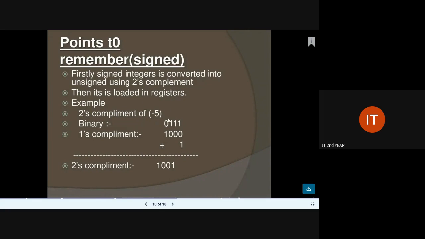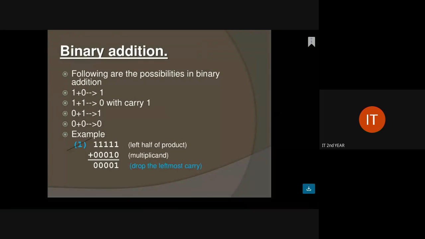For converting this 5 into minus 5, we first convert it into 1's complement, and after converting, we add 1 to make it a 2's complement. So the final answer will be 1001, that is 1000 plus 1. So this 1001 is the 2's complement of minus 5. That is what we are going to process in our final addition or subtraction.